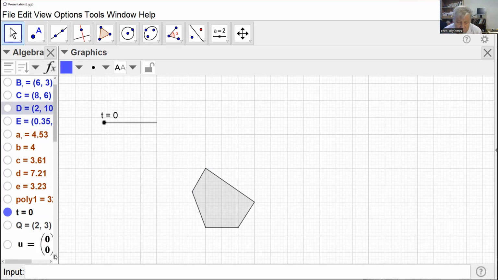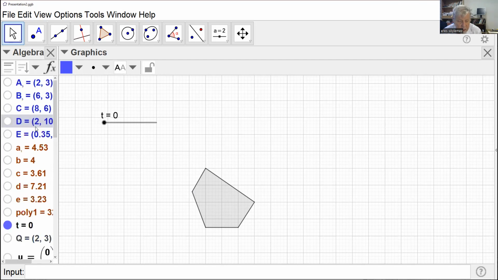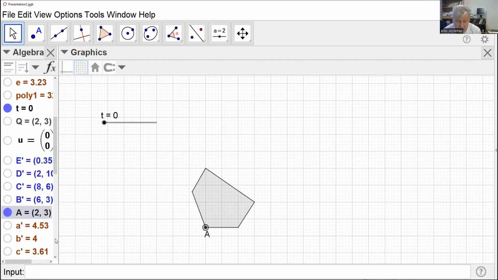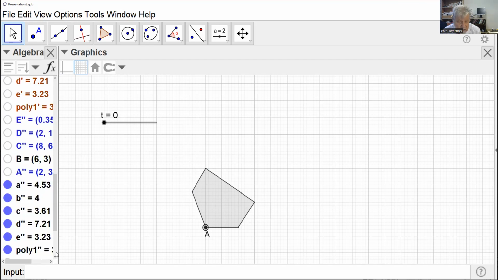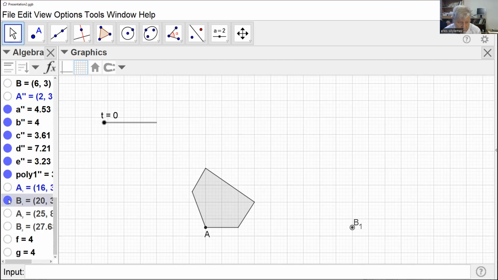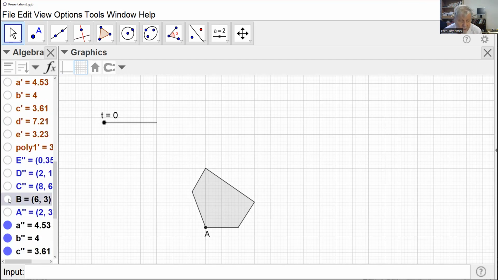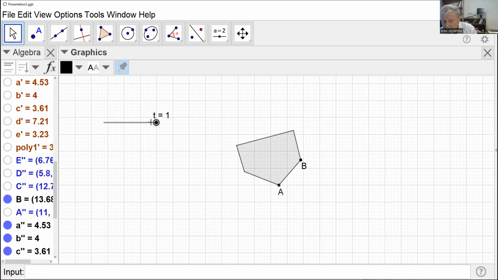What I will do is select 2 points, A and B. I will select these 2 points. At time t equal to 0, AB is over here. Notice, at time t equal to t1, AB is over here. Now, let me repeat. A and B are 2 points on that rigid body. It doesn't matter which 2 points they are. But I have to select 2 points to represent this motion.